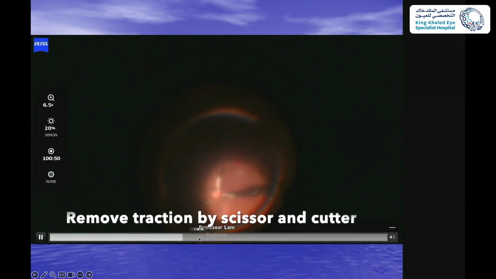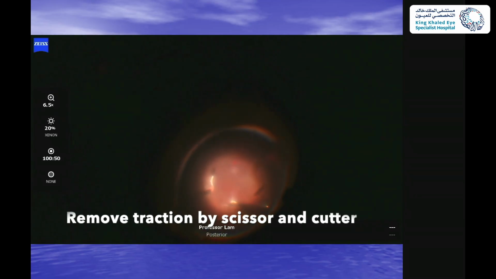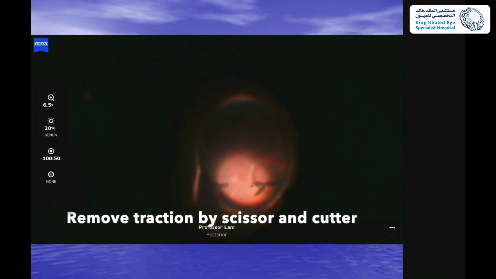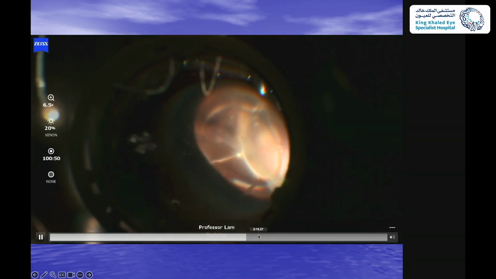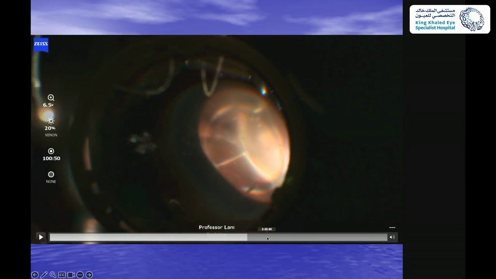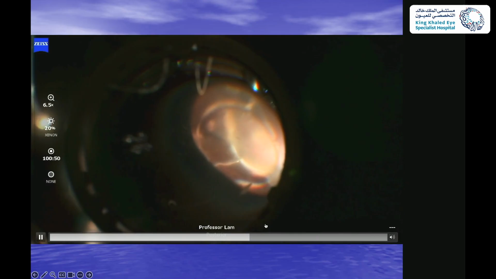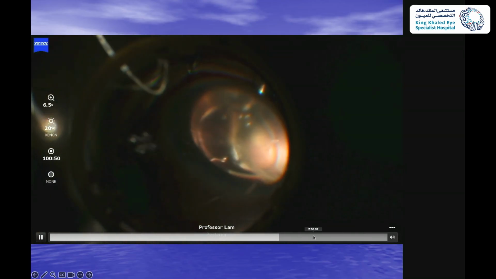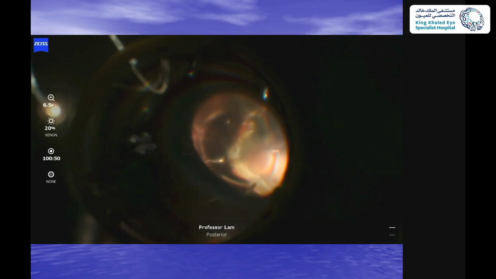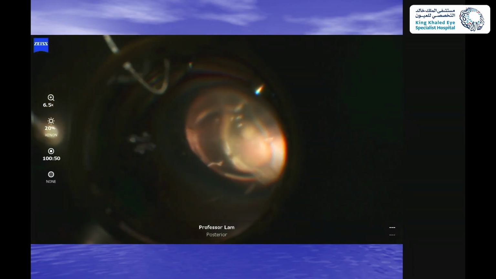Some of them needed to be trimmed with the cautery because it's so close to the retinal surface. Good. So once everything settled down, here, that's in the far periphery with a very taut tractional band.